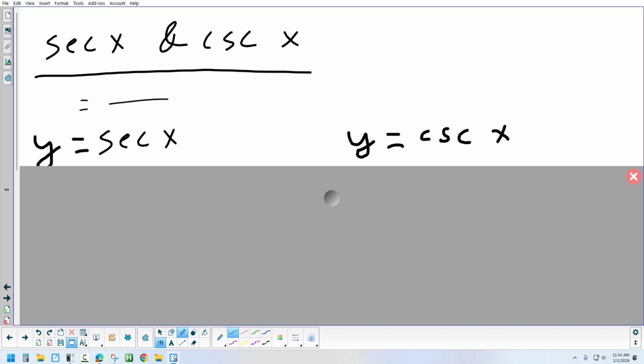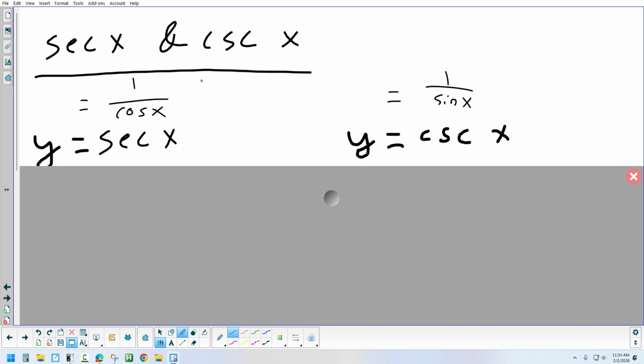We don't have a secant button on the calculator either. 1 over cosine. And what about if we wanted to graph cosecant? How would we type that one in? 1 over sine.